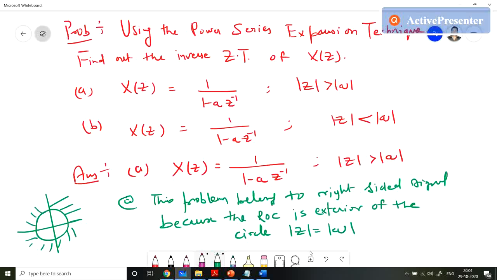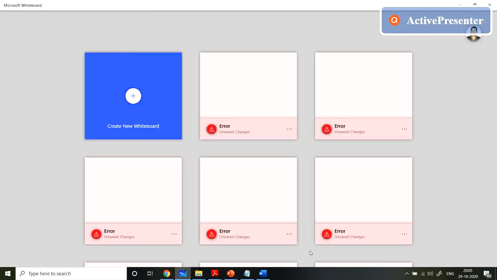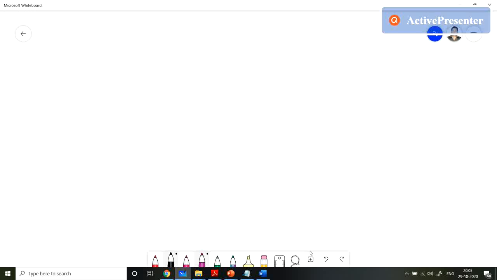So this is the imaginary part of z and this is the real part of z. So this is exterior to the circle. Now we can find it by using the power series expansion method.